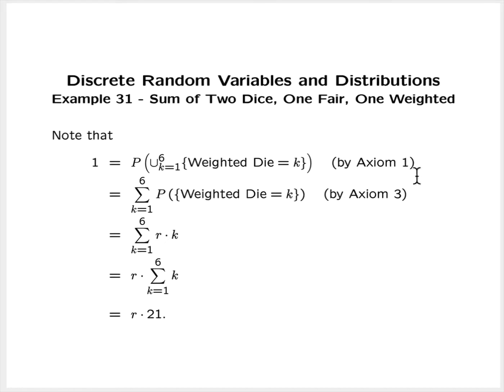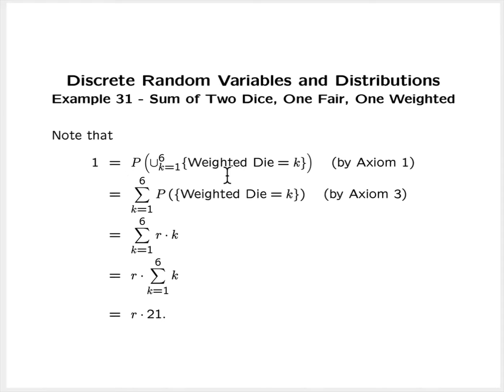By axiom 1, the probability of the union of the events with the weighted die being equal to k, k going from 1 to 6, is equal to 1.